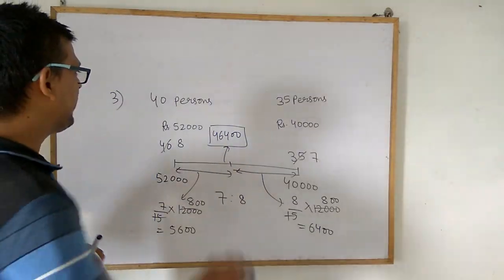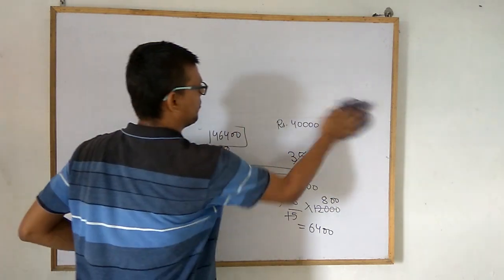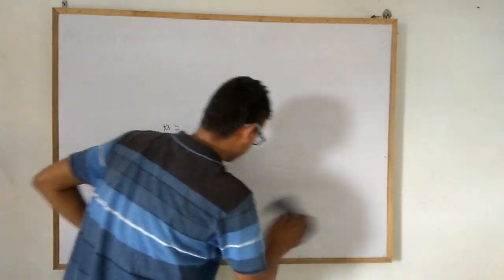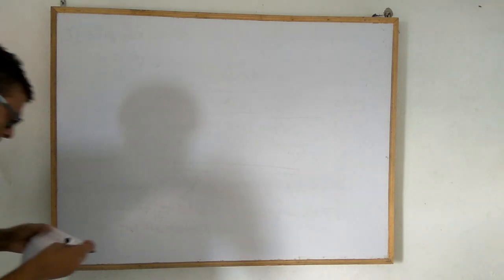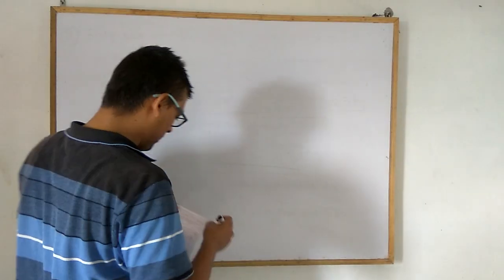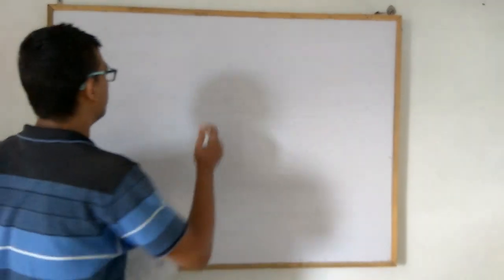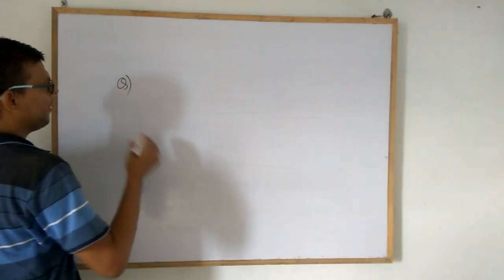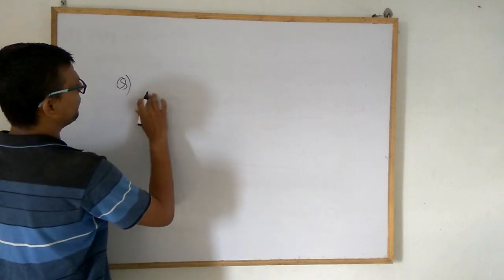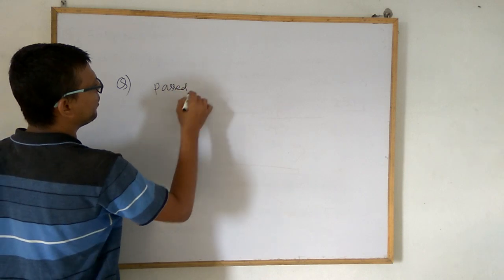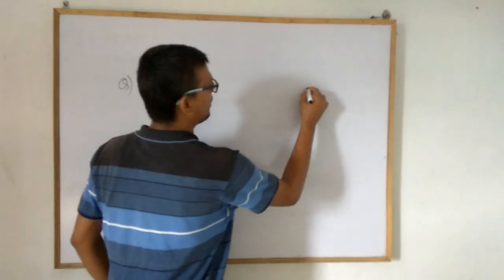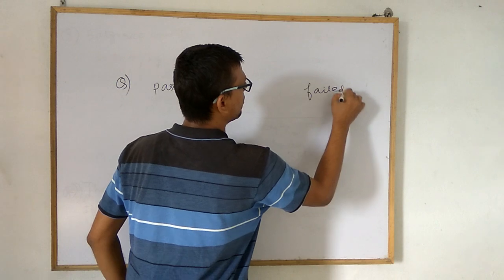Again, I am just writing out the data. Here also we have two sets of students. One is students who passed the exam, passed students, and another set is failed students, right?